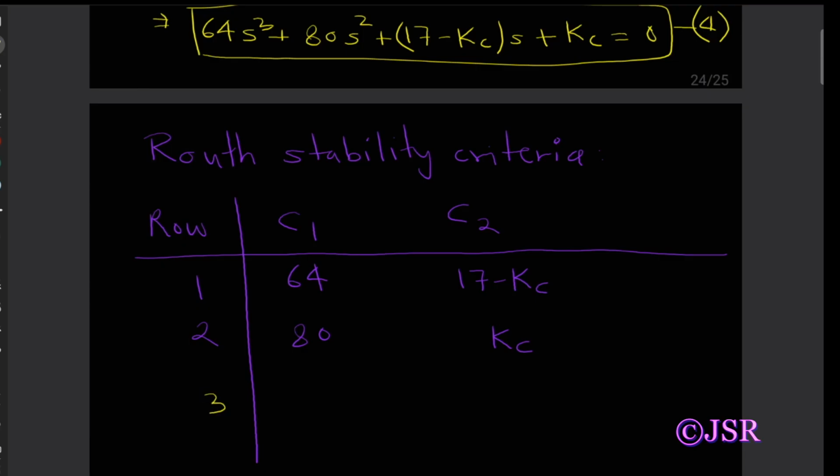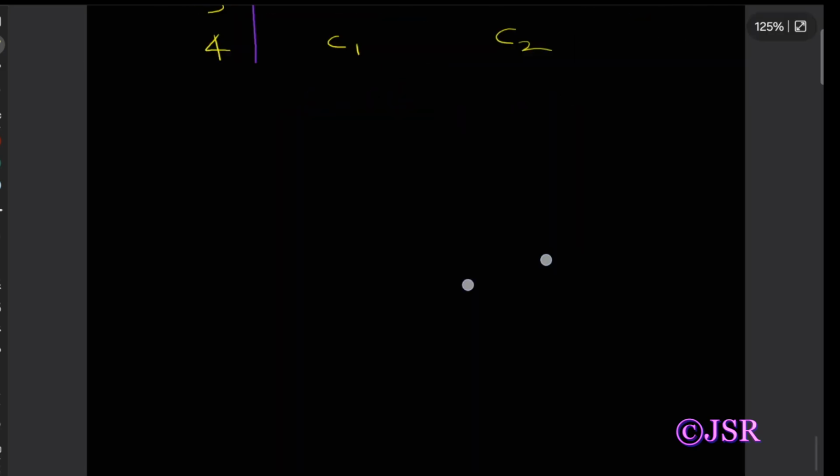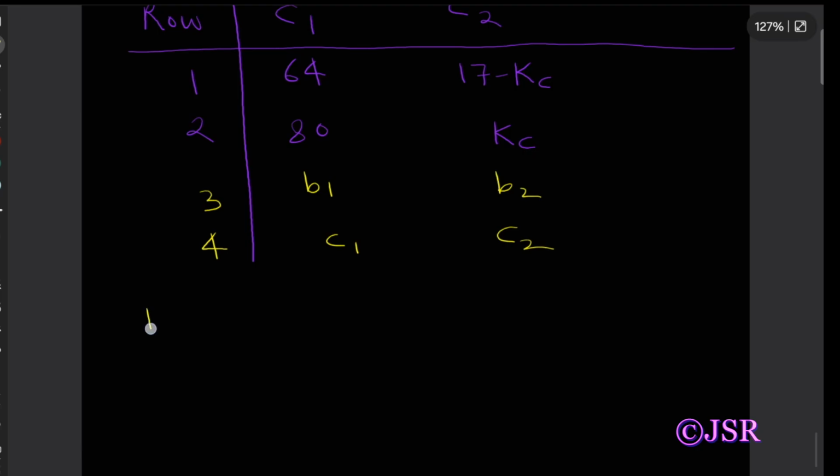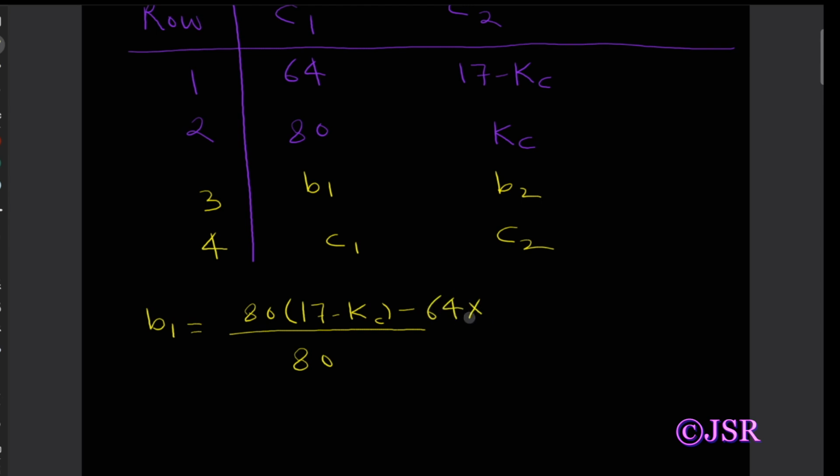So the next rows, number 3 and 4, can be calculated as follows: B1, B2, C1, and C2. Where B1 equal to 1 upon 80, and here we will have 80 into (17 minus Kc) minus 64 into Kc.